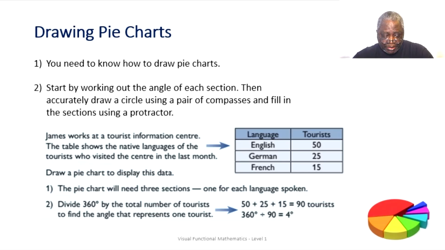The pie chart will need 3 sectors, 1 for each language spoken. Point 2, divide 360 by the total number of tourists to find the angle that represents 1 tourist. So 50 plus 25 plus 15 is equal to 90. 360 divided by 90 is equal to 4.